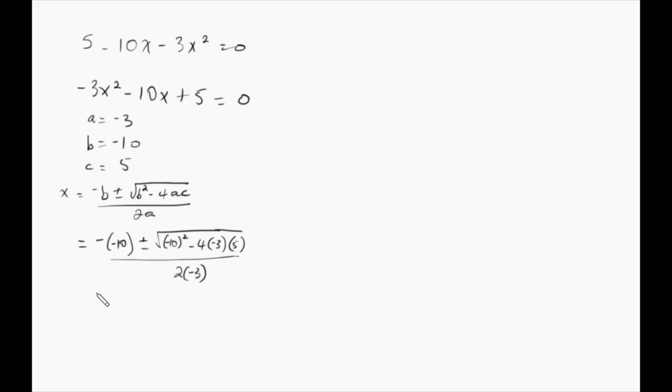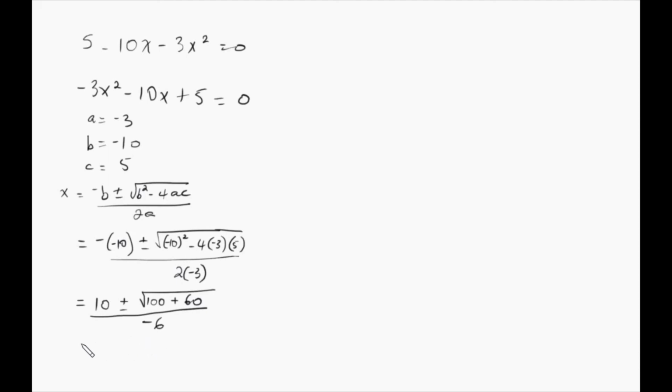What do we have? We have positive 10, negative and negative is positive. 100 plus 60, that's what we have. Now, that is 160, square root of 160.